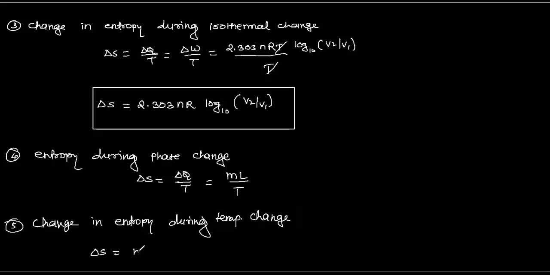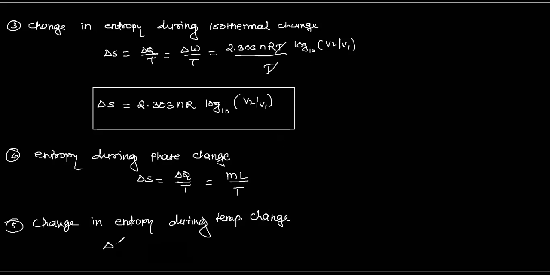Delta S is equal to m into integration of s dT divided by T. This is nothing but just delta Q is equal to m s delta T. Okay, shall I repeat one more time? Wait, I will tell you how you are getting this formula. Basically, everything is delta S because you are finding change in entropy during that process.